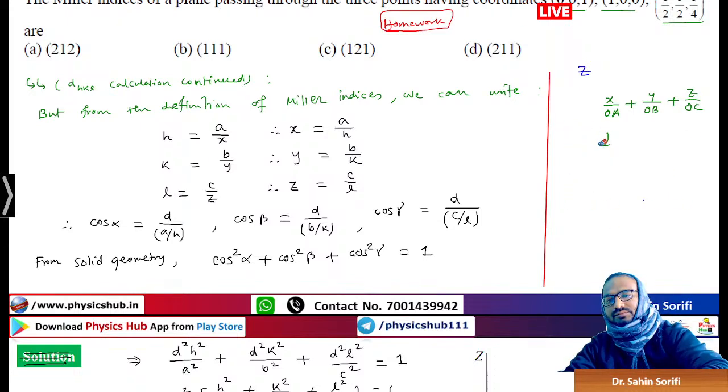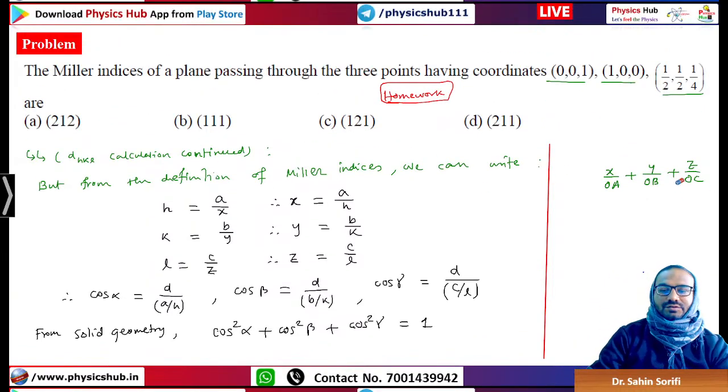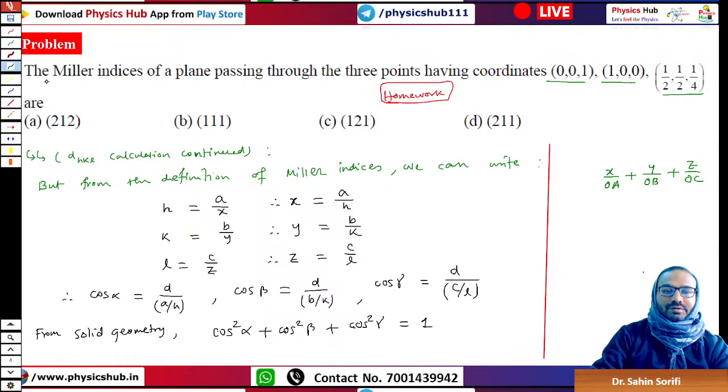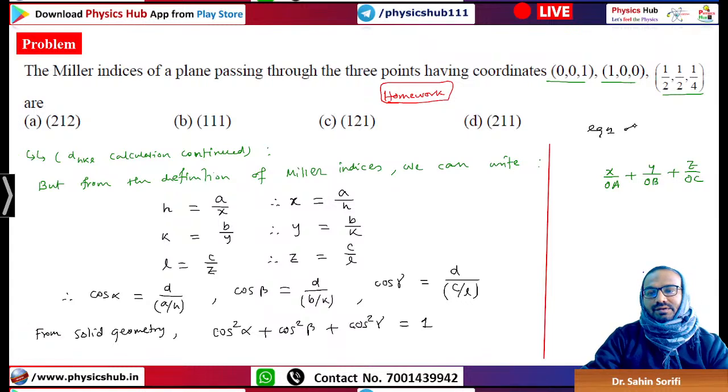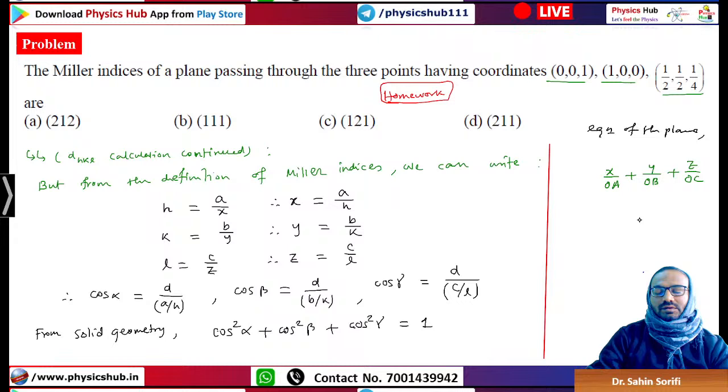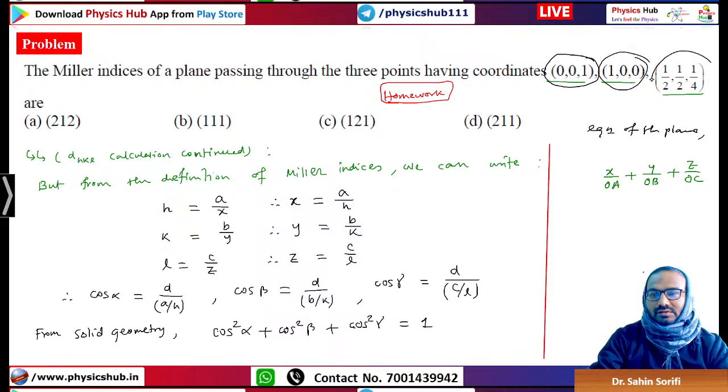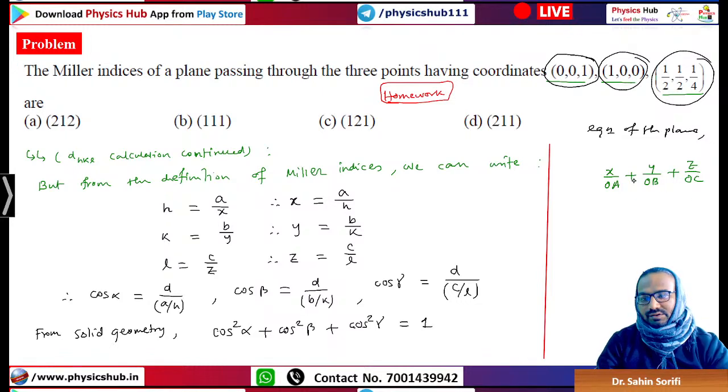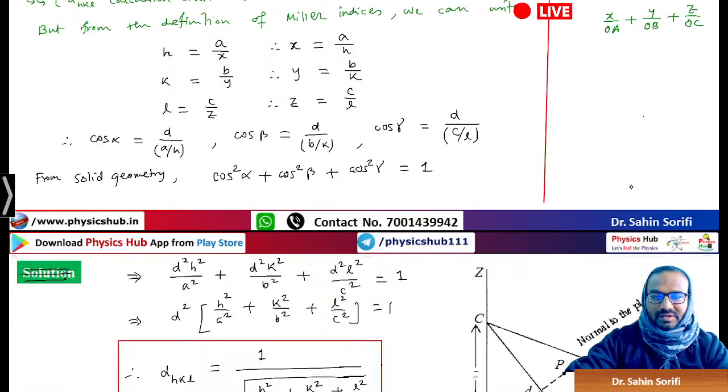Look, once you write the equation of the plane, whatever equation of the plane you will get, that will be satisfied by this point, because these points belong to this plane. A plane passing through these points means this point will be satisfied by the equation of the plane. So you will try.